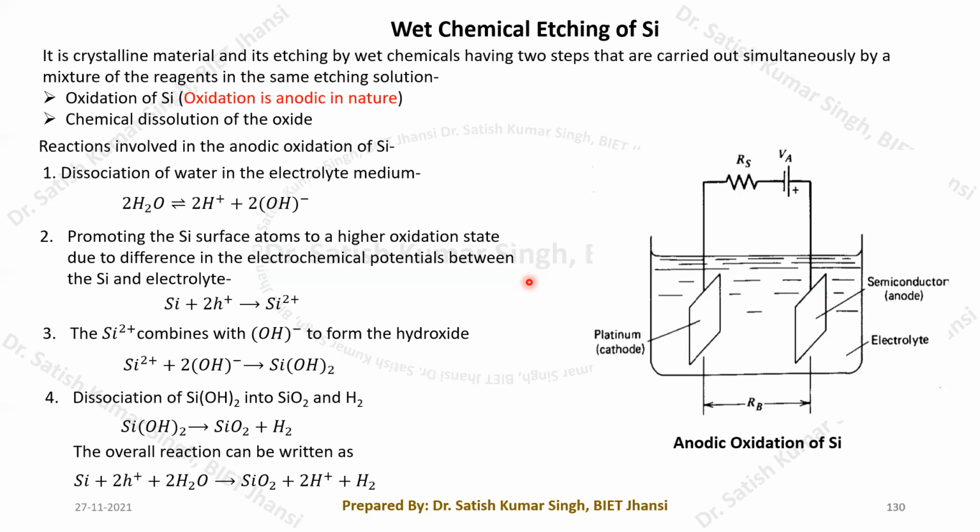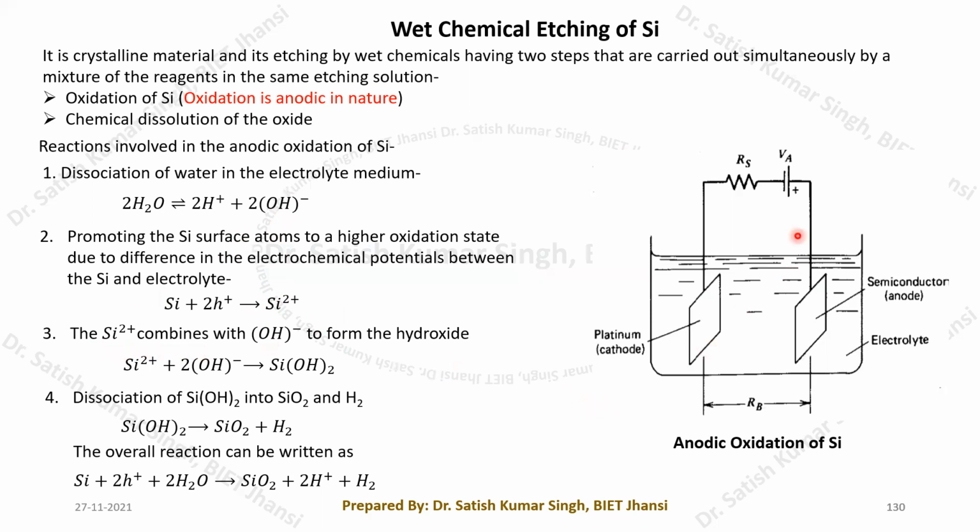So it has a higher oxidation state, and therefore it forms this Si2+ due to this particular semiconductor, the p-type. Then this Si2+, because it is in ionized form, is going to react with the negative hydroxyl ions.